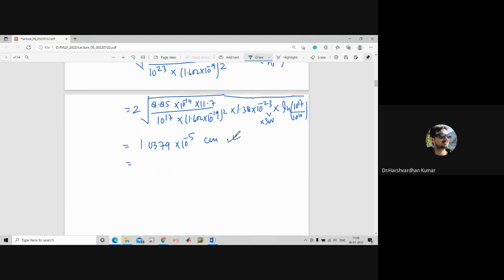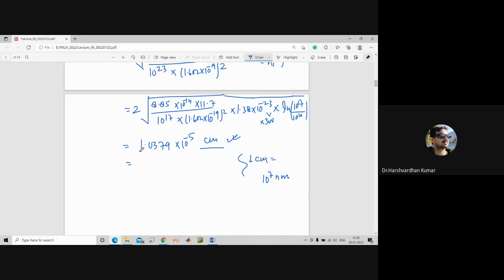Centimeter means it's a very big quantity for devices, right? Because usually the length or width of a device is either in micrometer or nanometer. So we will convert this unit from centimeter to nanometer. 1 centimeter is equal to 10 to the power 7 nanometer, right?